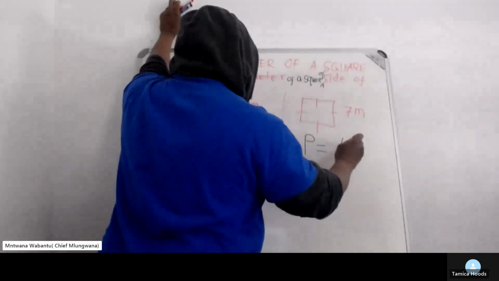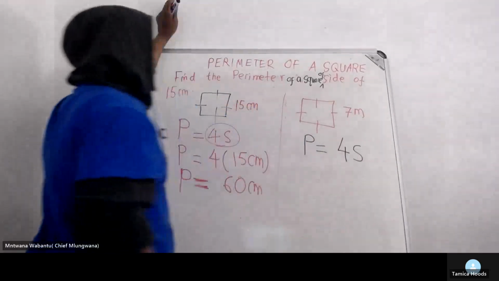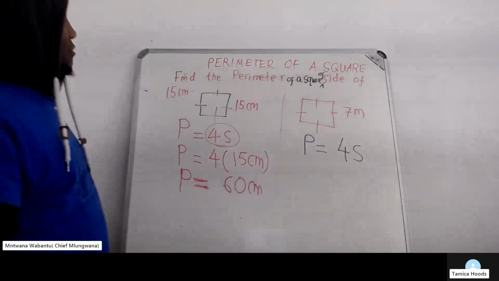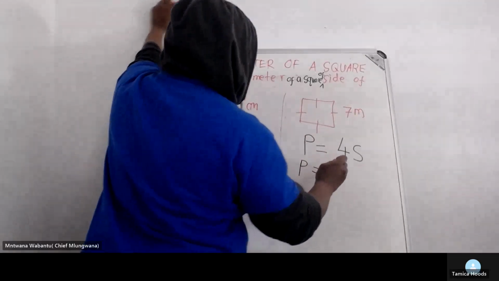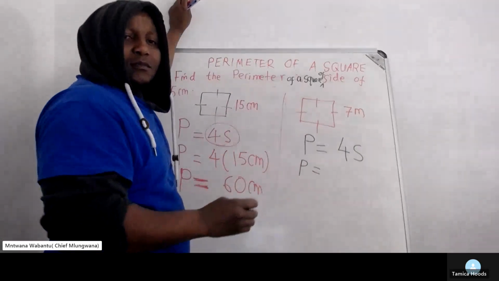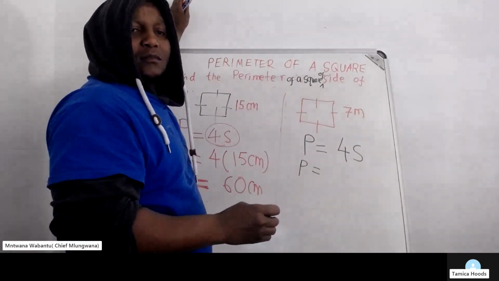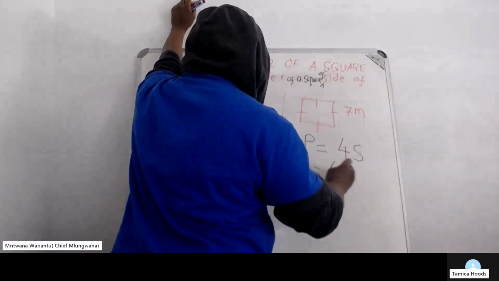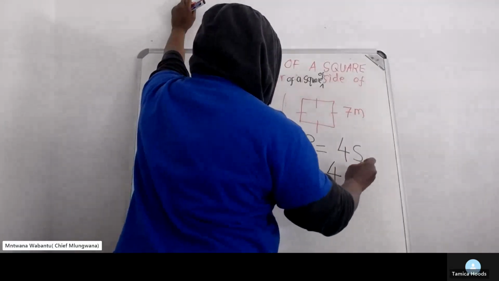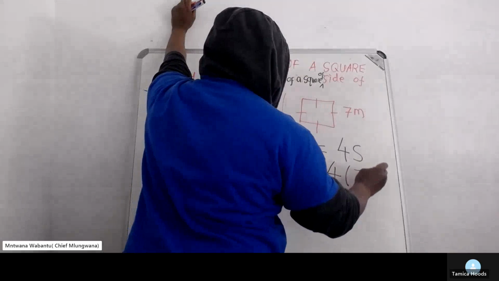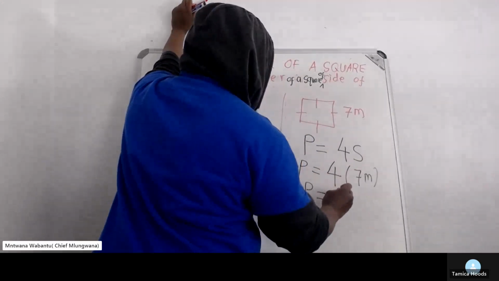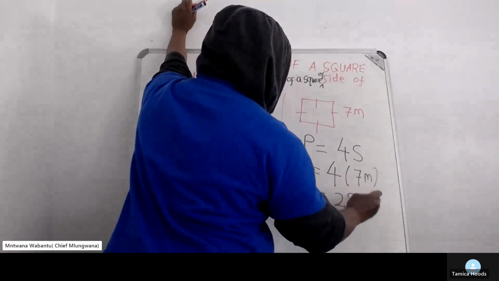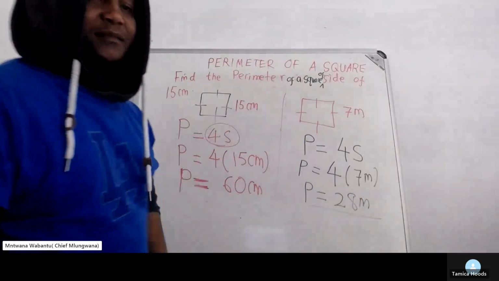Good point, because this is a perimeter formula. And then we're going to write P again because we don't have the perimeter. Perimeter equal to 4 times, bracket 7 meters. So perimeter equal to 4 times 7 equal to 28 meters.